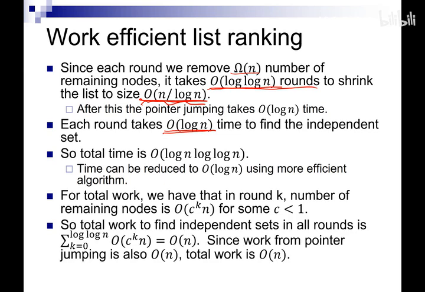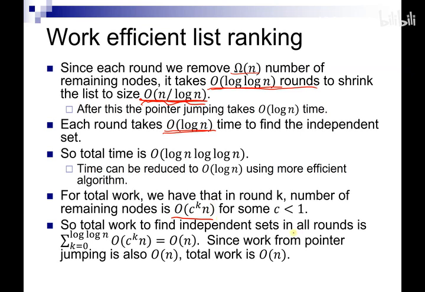Okay, so the amount of work that's being done in the kth round is simply that each of these remaining nodes is going to do a constant amount of work. Therefore, the total amount of work done in the kth round is equal to c to the k times n.